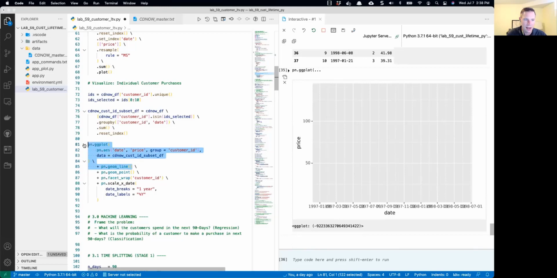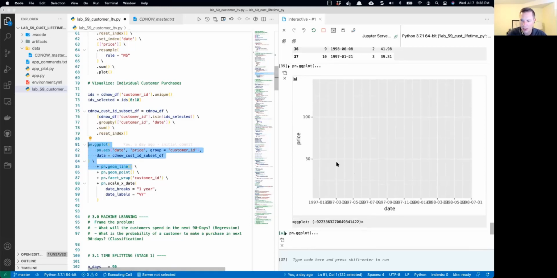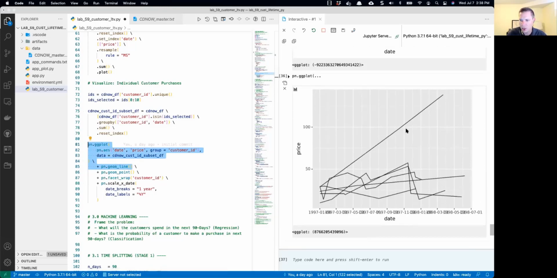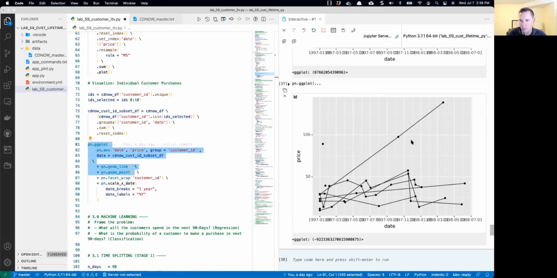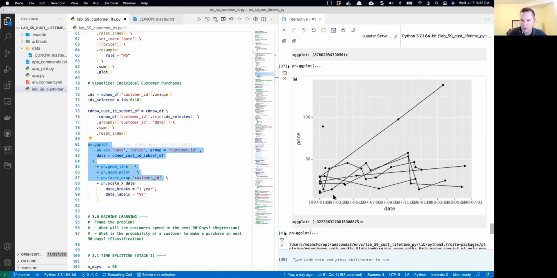And then I add on a layer. The next layer is this geom line. Then I'm going to add a geom point, which adds some points so I can see when specifically those customers purchased. Then I'm going to do what's called a facet wrap, which splits each of the customers out.